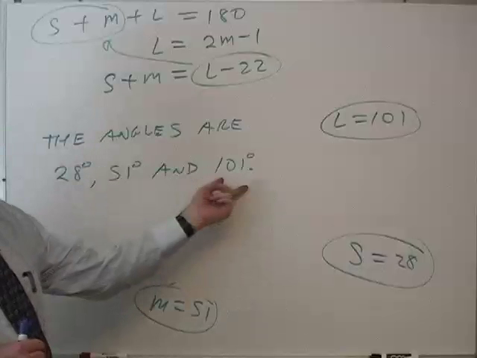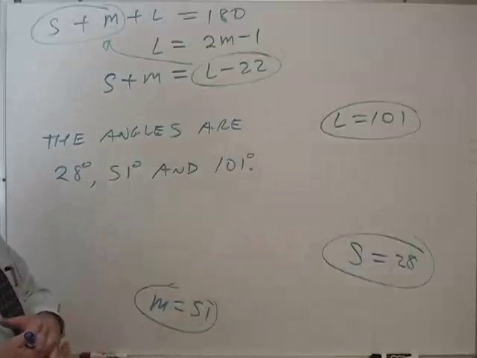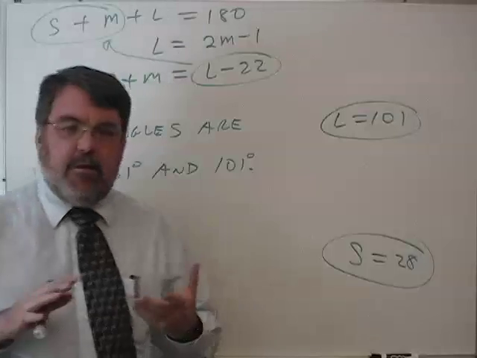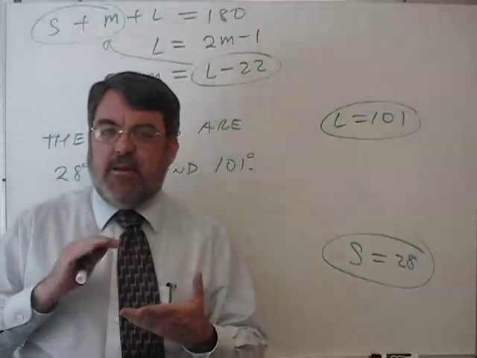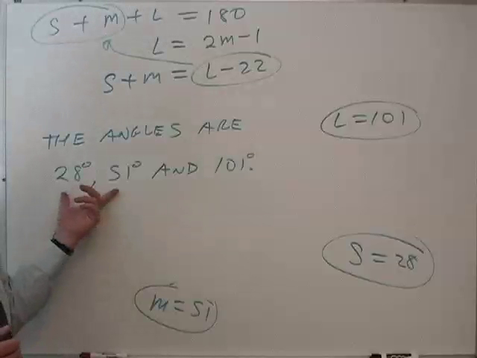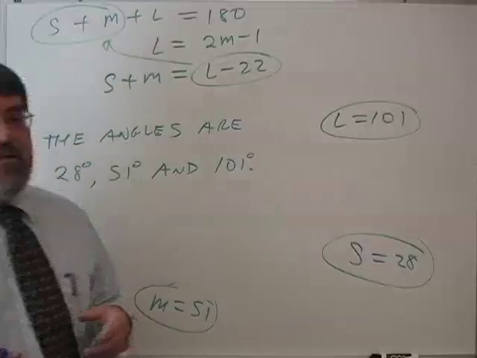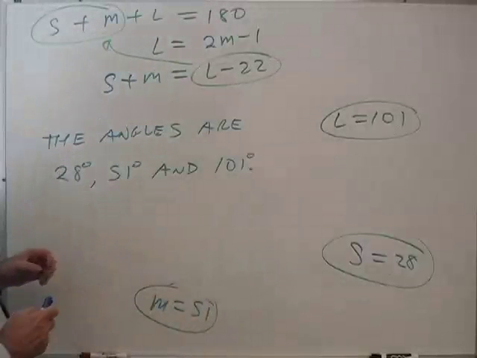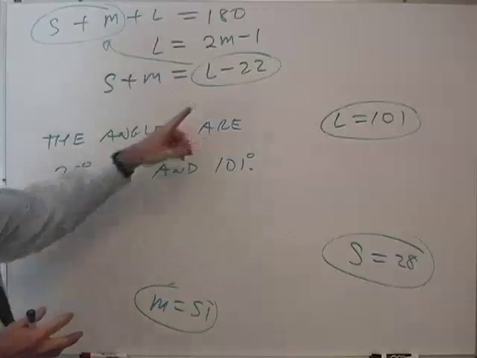One less than that is 101. That checks. And then the other clue was the sum of the two smallest angles, which is 28 plus 51. That is 79 degrees.